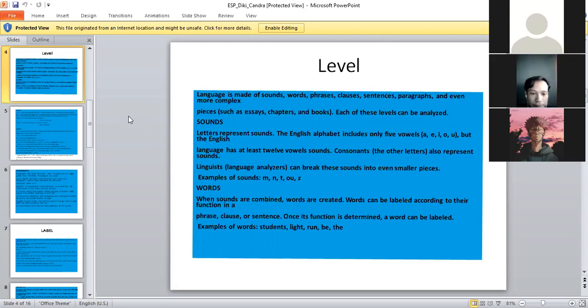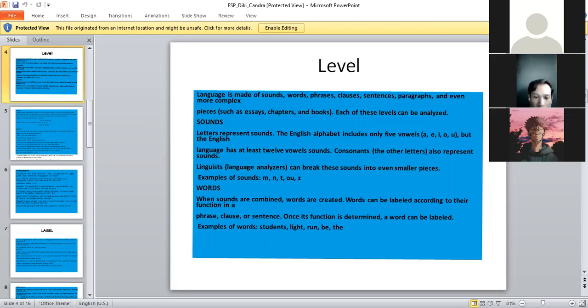Word: when sounds are combined, words are created. Words can be labeled according to their function in a phrase, clause, or sentence. Once its function is determined, a word can be labeled. Examples of words: student, like, run, be.